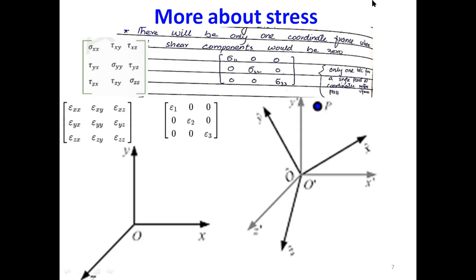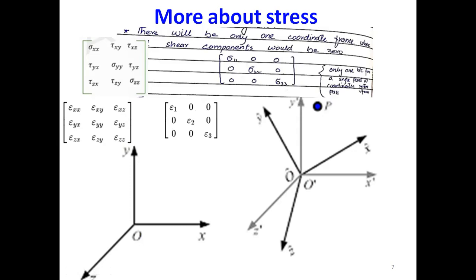Similarly, in the principal coordinate frame, the strain tensor or matrix would have only components along the diagonal, along the principal axes, and the shear strain values would all be zero.